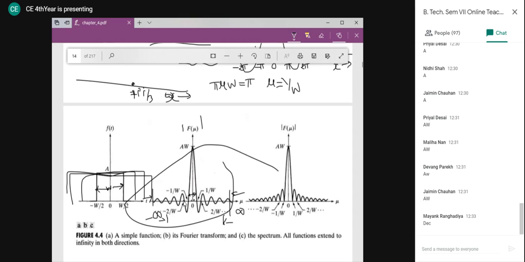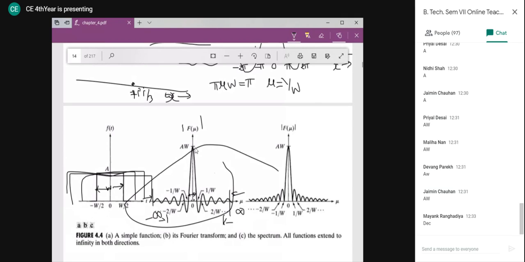Very interesting observation from one example itself. We will use this somewhere. Any doubt here? Suppose I am narrowing down my time domain: my frequency domain gets spread. If I am widening my time domain, my frequency domain shrinks.